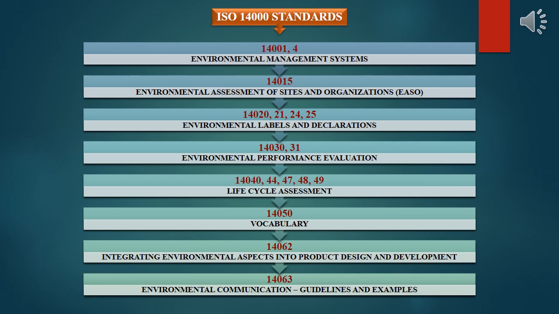Firstly, 14001 and 14004 give guidelines on environmental management systems, where 14015 gives guidelines for environmental assessment of sites and organizations, EASO, and 14020, 21, 24 and 25 give guidelines on environmental labels and declarations. 14030 and 31 are for environmental performance evaluation, and 40, 44, 47, 48 and 49 are guidelines for life cycle assessment, and 14050 gives guidelines on vocabulary. 14062 gives guidelines on integrating environmental aspects into product design and development, where 14063 gives guidelines on environmental communication, guidelines and examples of it.